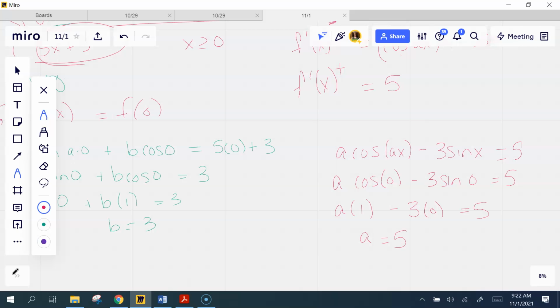Justify your answer. That's exactly right. If you plug in 4 for b and 5 for a, the left-hand limit and the right-hand limit are not the same. The derivatives will also be different at that point. So the answer would be no, because it says justify your answer. No, because it's not continuous and it's non-differentiable, right?